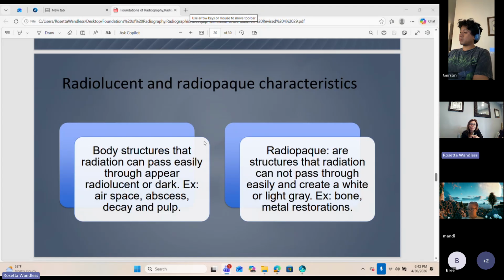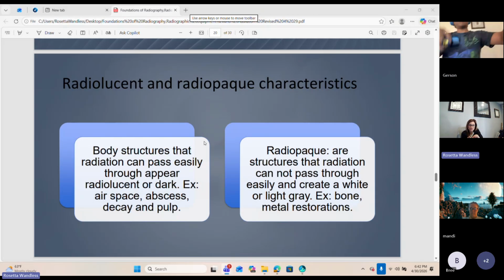Fun fact, enamel, the outside layer of your tooth, shows up a whitish light gray on the picture. The second layer of a tooth, which is called dentin, will show up a whitish light gray on the picture as well. So those are solid structures.